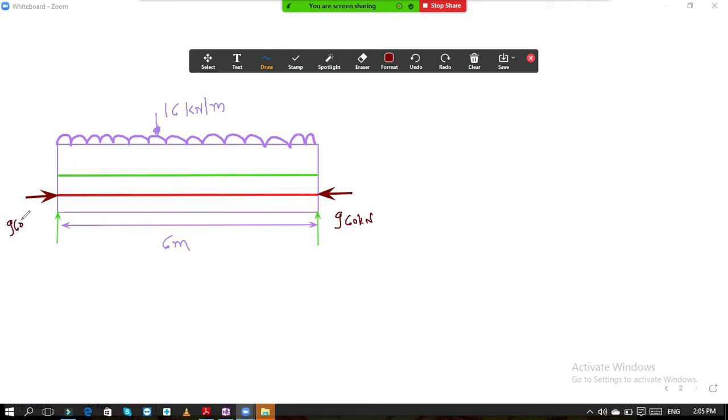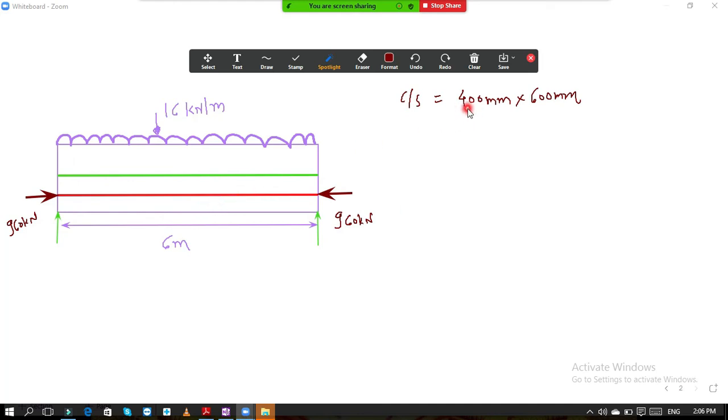The cross section of the given beam is 400 mm by 600 mm, and the tendon is at a 200 mm distance from the soffit of the beam.